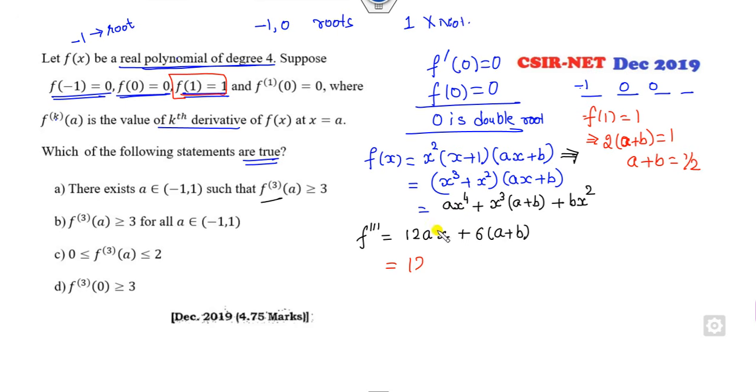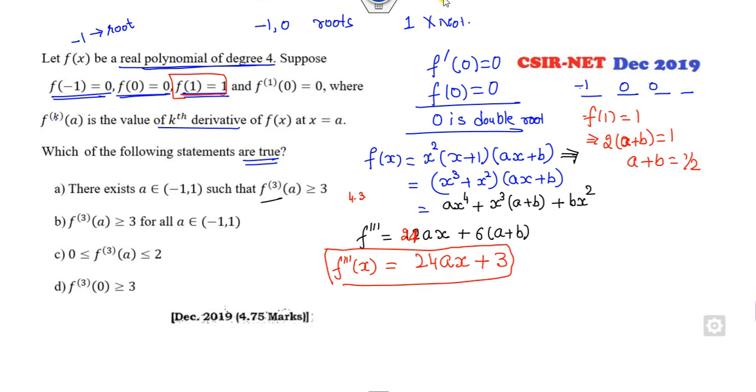Sorry, it's a 6. What is the third derivative? It's 4 first time, then 3, 4, 3, 12, 12 times 2 is 24. So it is my 24 ax, a plus b is my half, so it is plus 3. This is my third derivative at the point x.